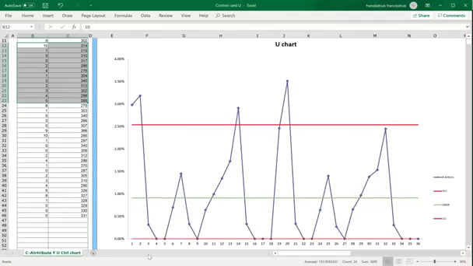I can compute the standard deviation of your DPU, of course, that you compute over time.